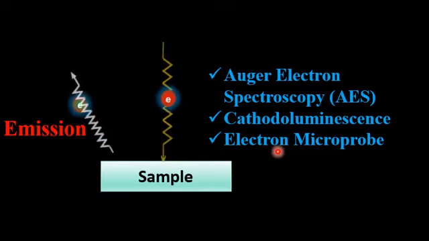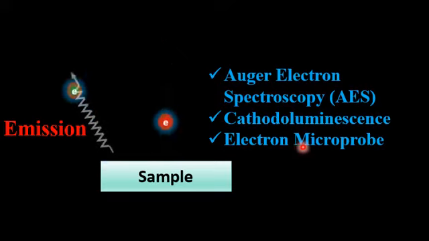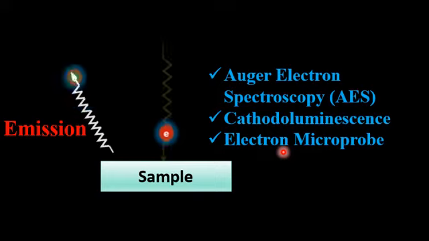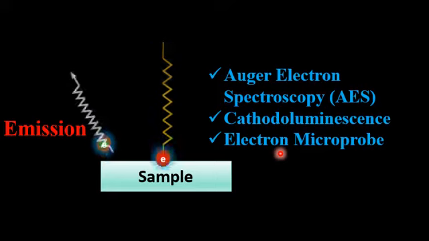But the core function of the electron microprobe is that this technique is non-destructive, and it gives you information about the chemical composition of a small volume, usually of a solid material, due to the emission of radiation from the sample surface.